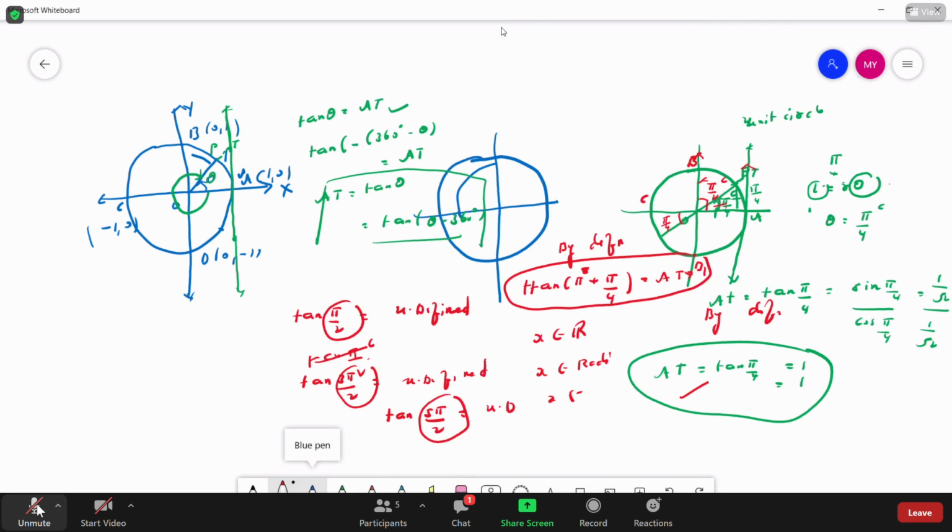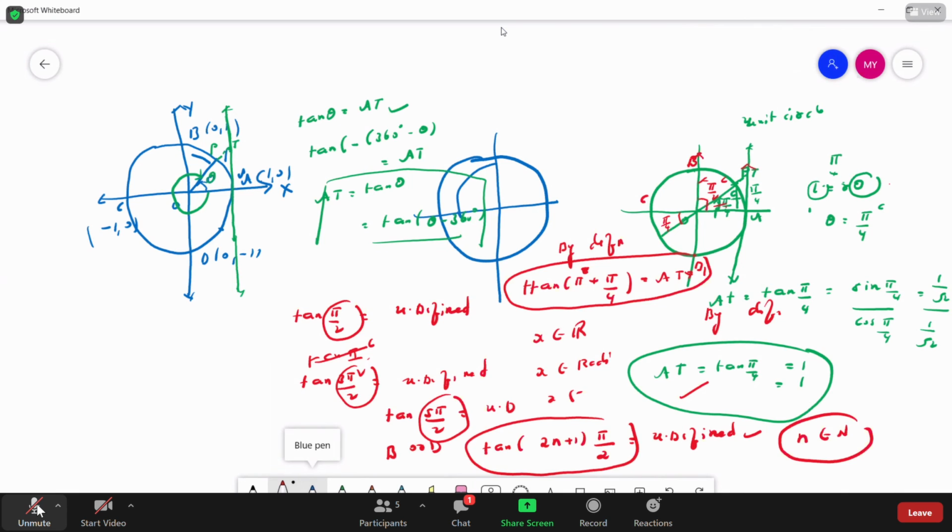If the point is here or here, that is tan of (2n plus 1) into pi by 2, which is undefined. This represents the points at B or D, which are undefined. Please note down this, where n belongs to natural numbers. You have taken this down, right?